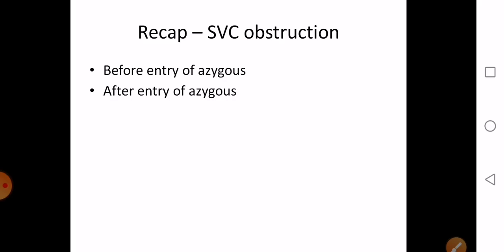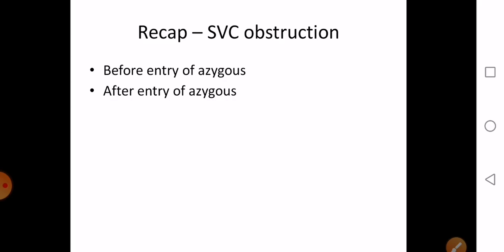So SVC obstruction you have to classify as before the entry of the azygous and after the entry of azygous. If it is before, you redirect it in the thorax itself and get it into the azygous, and it will directly drain back into the superior vena cava itself.